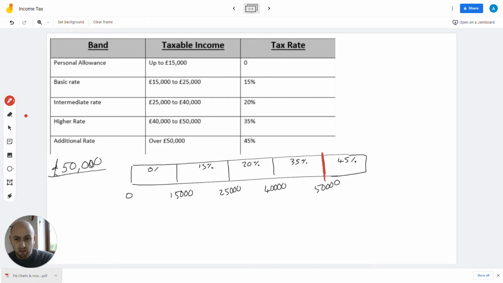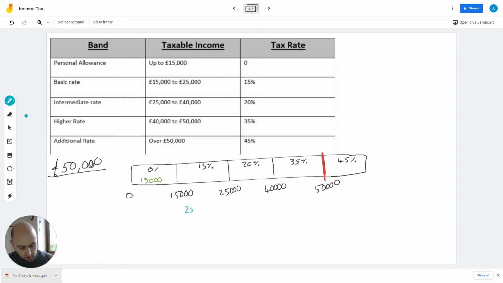Right, now I'm going to start on the left and just start filling in all those details. So first of all, how much money goes into this little pot, this 0% pot? Well, 0 to 15,000 is 15,000. How much money goes into the 15% pot? Well, all I do is look at the difference between these two numbers here.